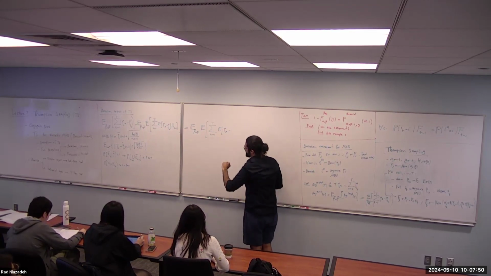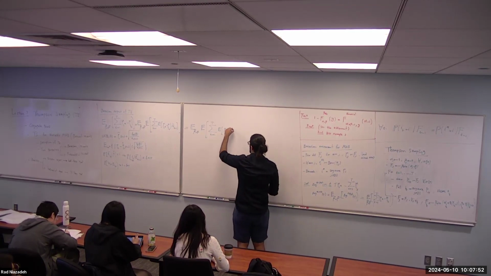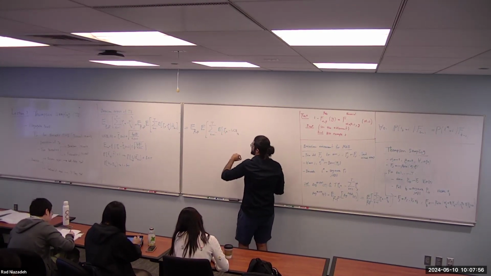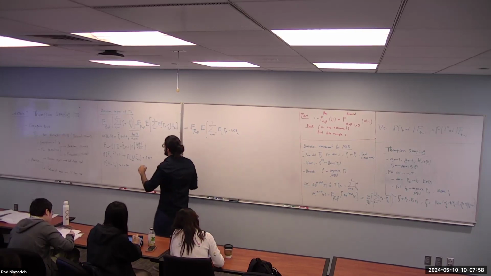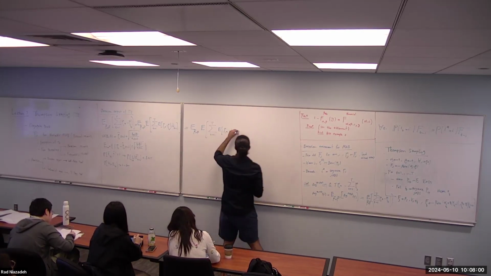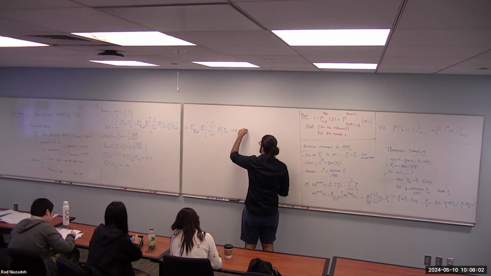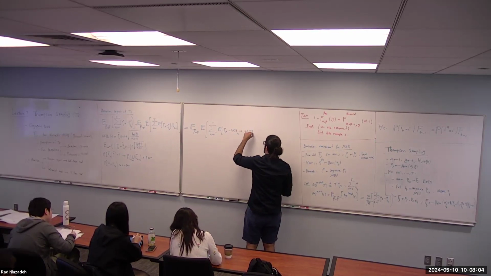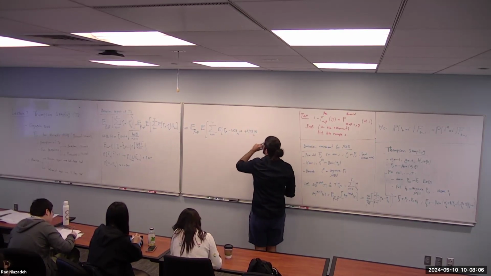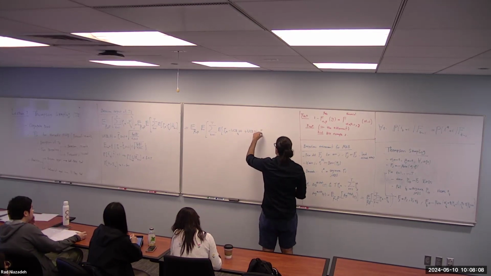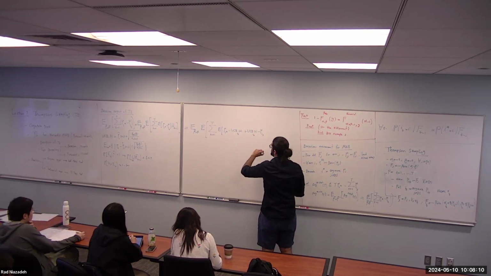I'm going to subtract UCB of arm I_t at time t, and add the same quantity, UCB of arm I_t at time t, minus mu I_t.